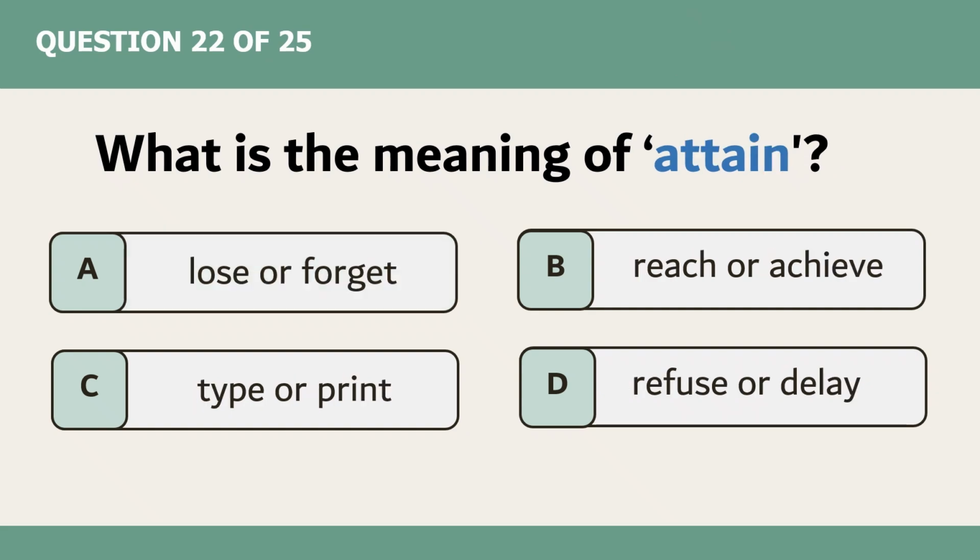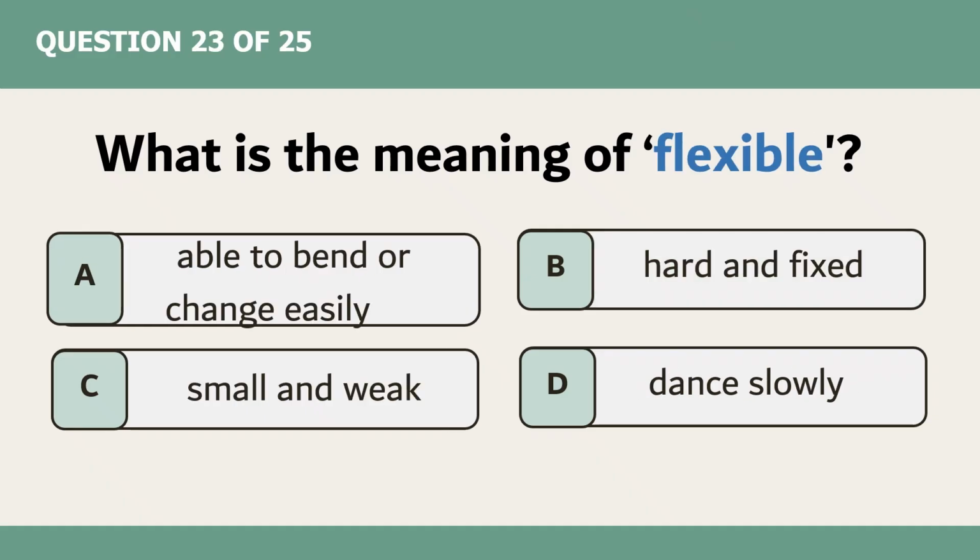Question 22. What is the meaning of attain? The correct option is B. To reach or achieve. Question 23. What is the meaning of flexible?